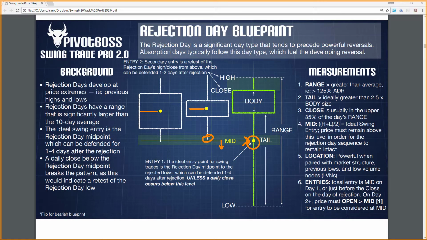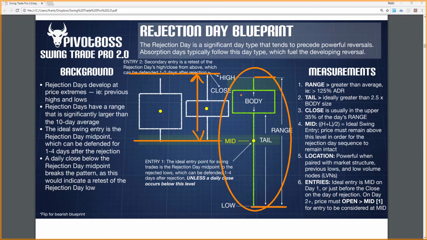Now, rejection days have a range that is significantly larger than the 10-day average or even the 50-day average. For the most part, this range from high to low is significantly greater than usual. So if the average range is this in most cases, then this range here will be greater than average by 25%, 50%, sometimes 100 or 200% greater than average.